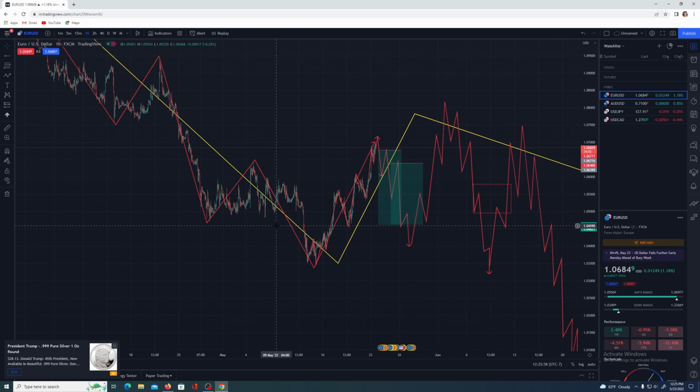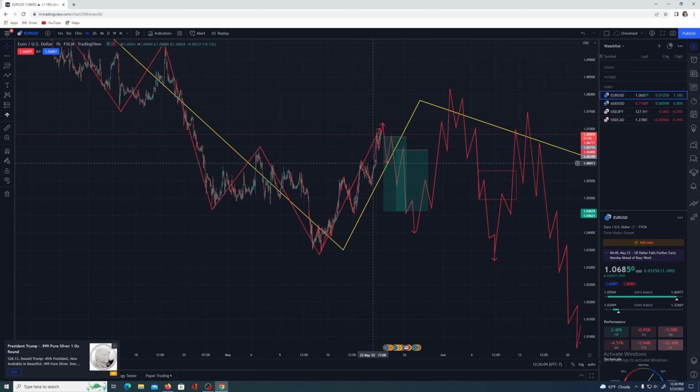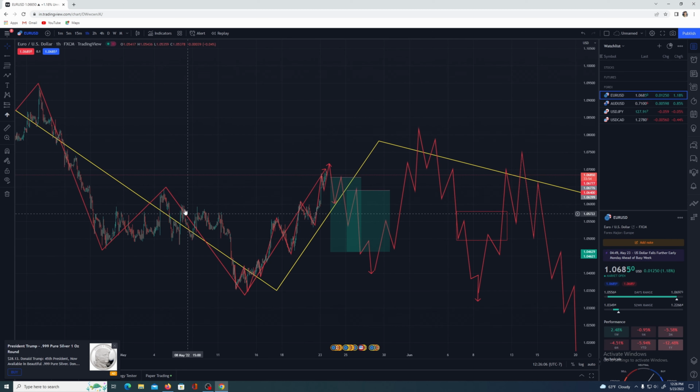So if you're a 4-hour trader, that means all this time that this market has been bullish, you were just sitting down here, maybe waiting for this zone over here, right? So you can take it to the downside, and then it broke structure, right?